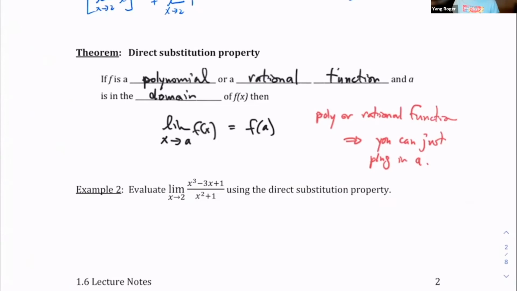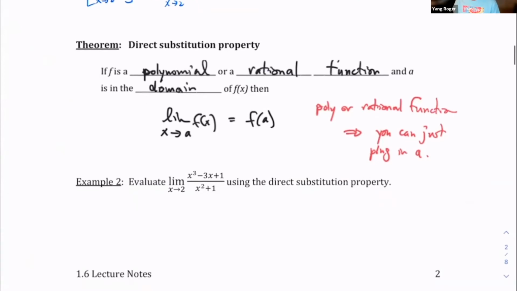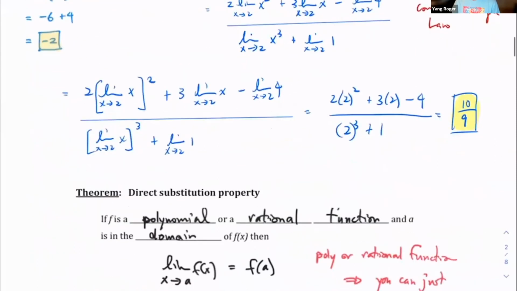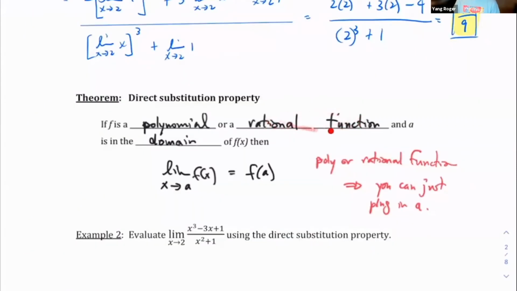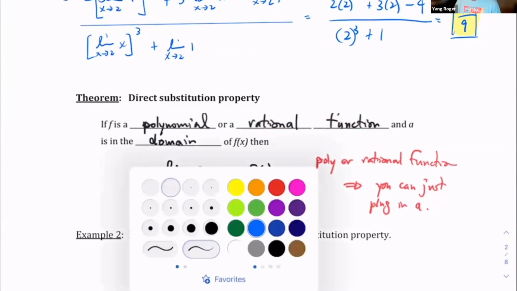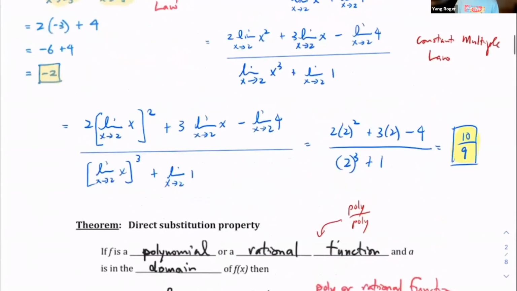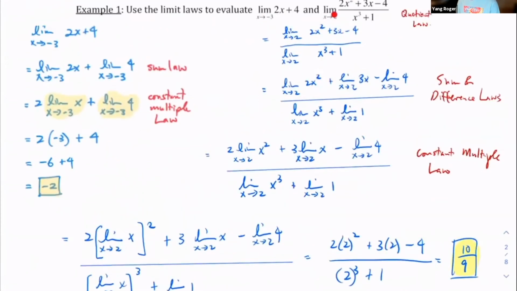So what this says is, if you have a polynomial, and this guy up here is a polynomial, or a rational function, and a rational function is a polynomial over a polynomial, right? This is a poly divided by a poly. So this example right here is a rational function.